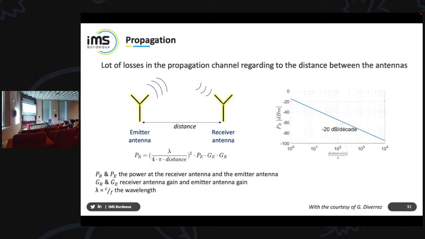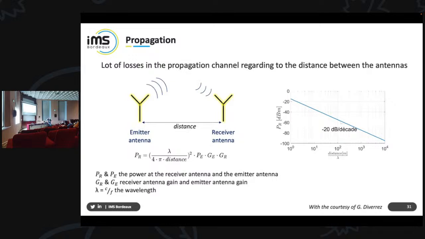Yes, nitrogen, the word in French is different. Then you have roughly 10% of oxygen, and then other gases. These gases are made of molecules. So we come back to Maxwell again. E and B fields will interact with the molecules in the atmosphere.